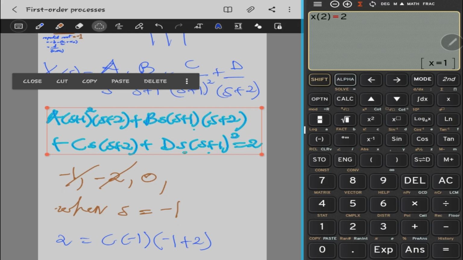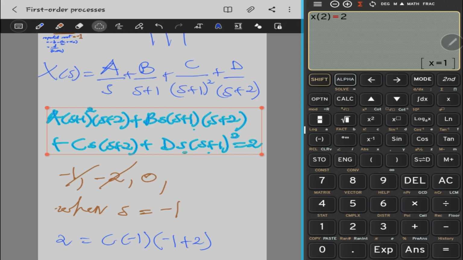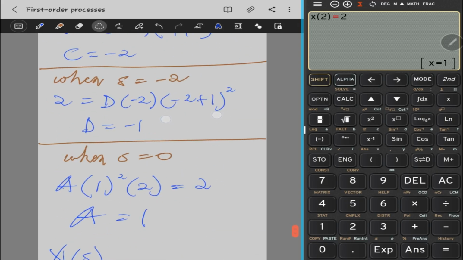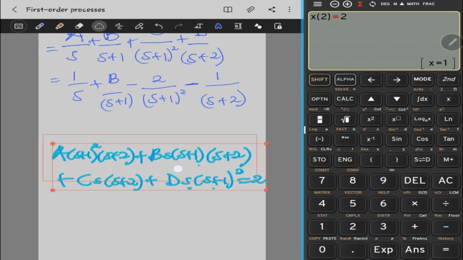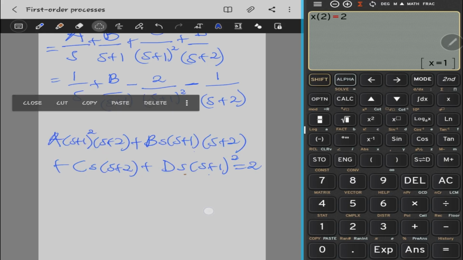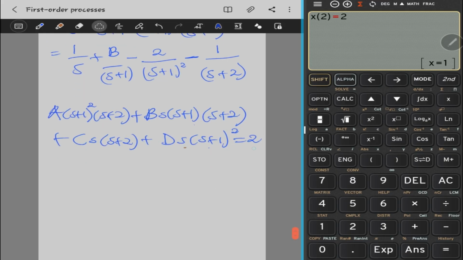So here we've looked at two unique cases: where the roots are repeating, where you can't find it directly, and the case where you can't find one of the constants by just doing s equal to this, s equal to 1, 0, whatever we do. Fine. And then we're saying that all this is equal to 2.